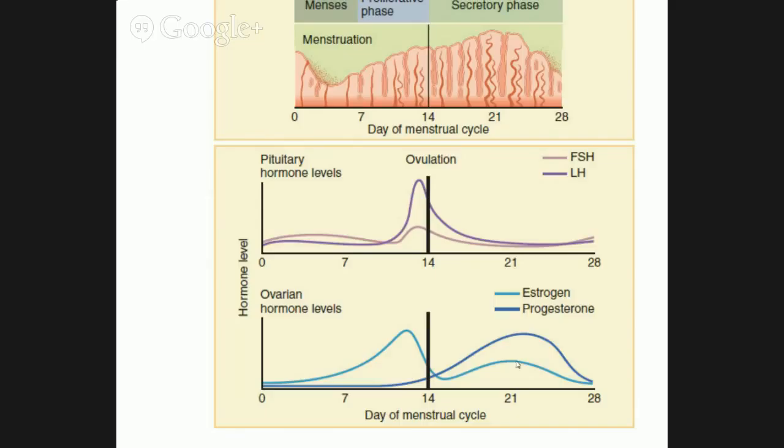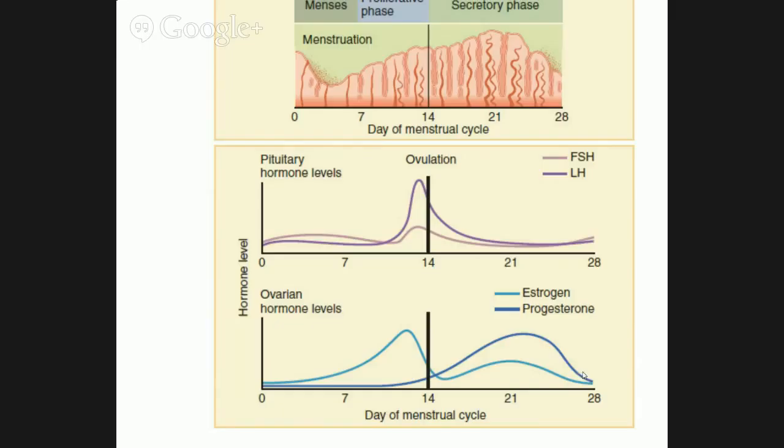These two together are telling the uterus what to do. Okay, so at this point, after ovulation, it's telling the uterus to enter into its secretory phase. Without the progesterone, estrogen just tells the endometrium to proliferate. When FSH and LH levels have dropped off finally, progesterone and estradiol levels are going to drop off also.